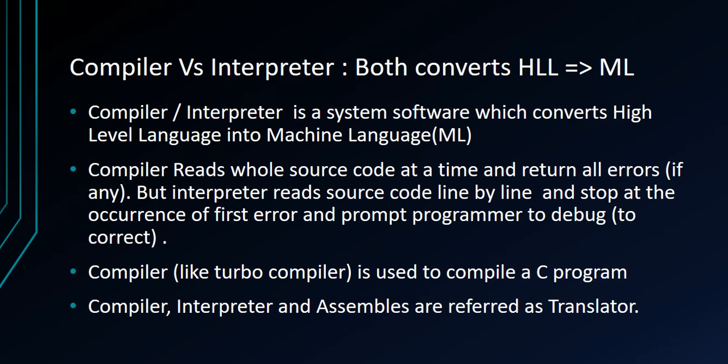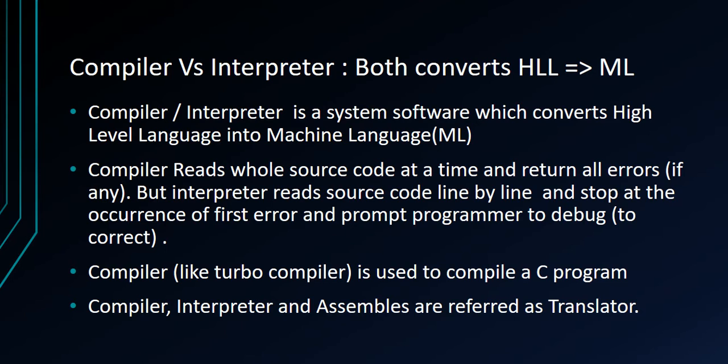But in the case of an interpreter, as in the definition, an interpreter reads source code line by line and stops at the occurrence of the first error and prompts the programmer to debug.